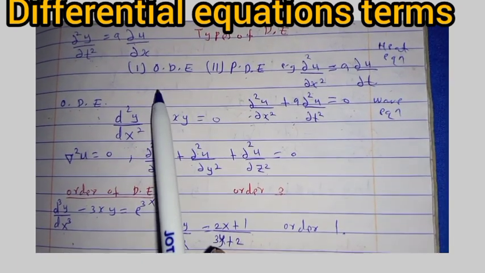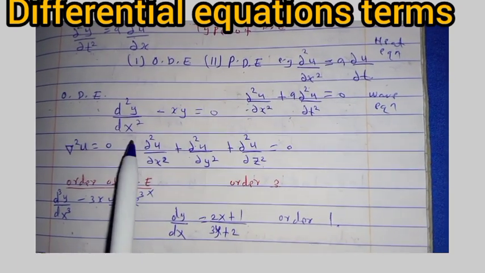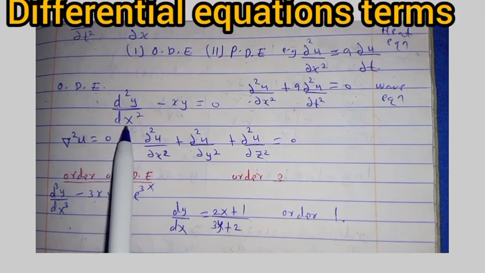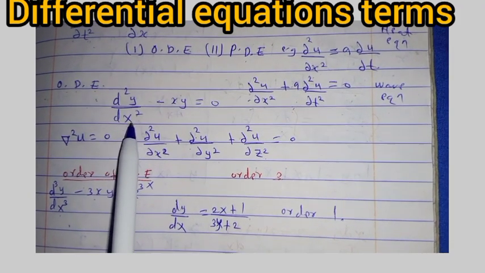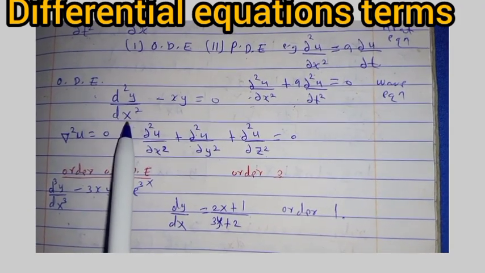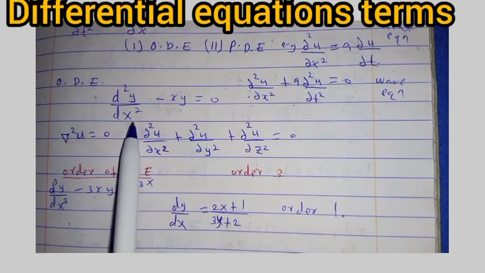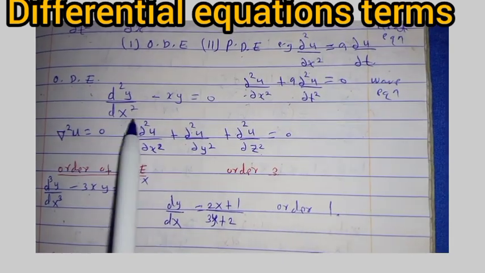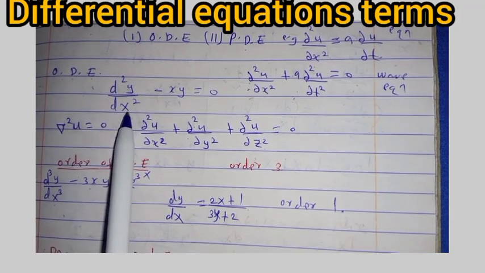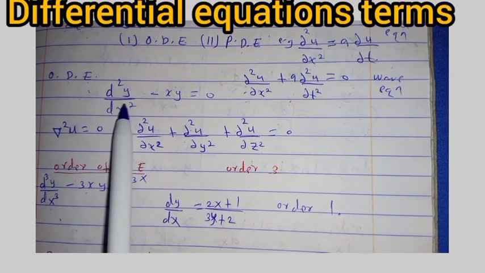Then we have two types of differential equation. We have what is called an ordinary differential equation, which is a differential equation involving derivatives with respect to only a single independent variable, like this here. x is the independent variable, y is the dependent variable.